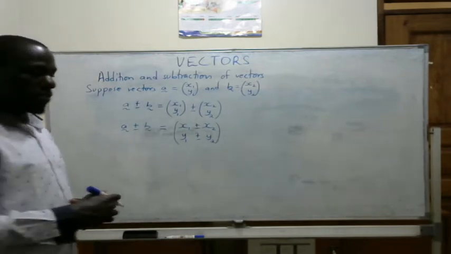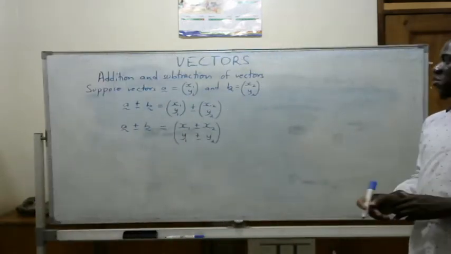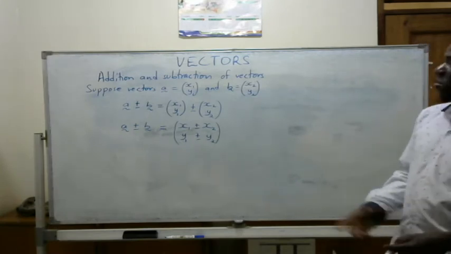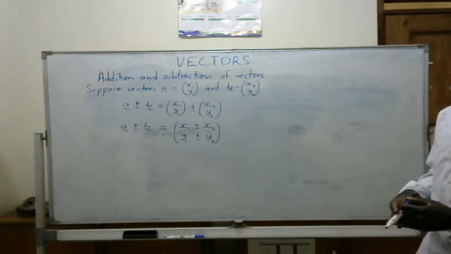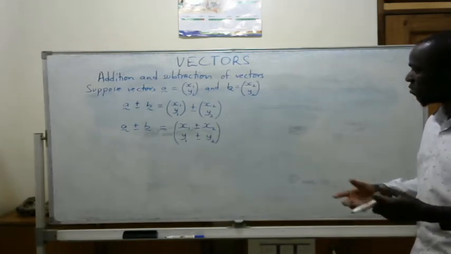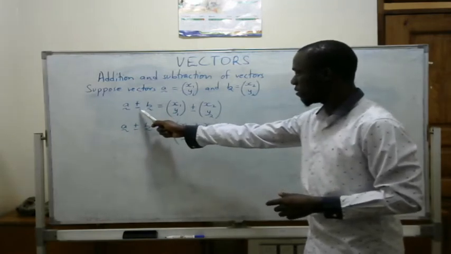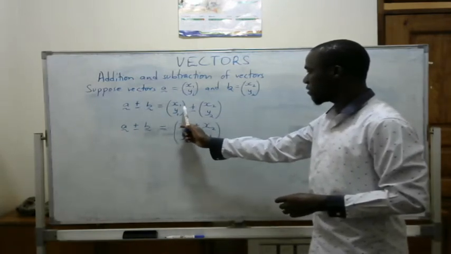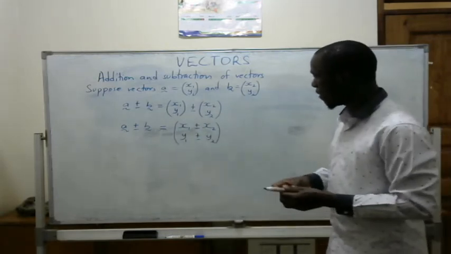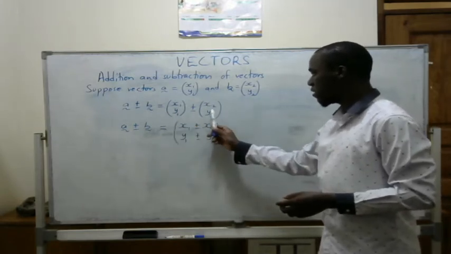So now we can look at the addition and subtraction of vectors. Suppose I have my vectors A and B right there, x1, y1, and x2, y2. We either add or subtract vectors, that is the corresponding x values, and then the corresponding y values.